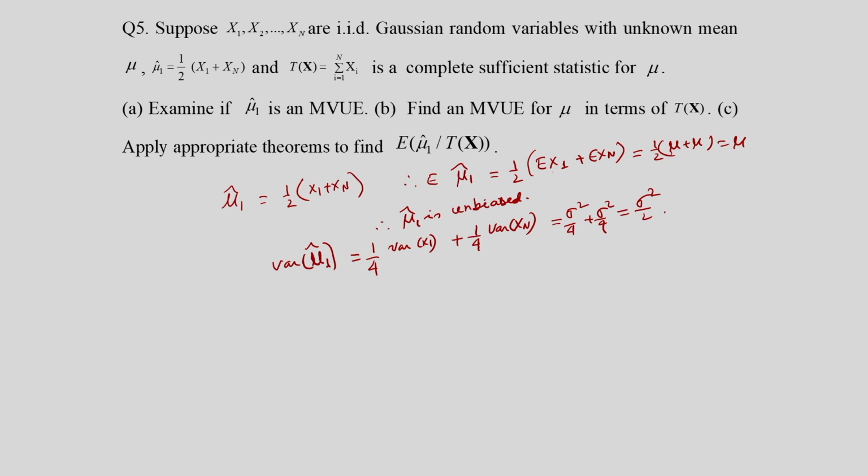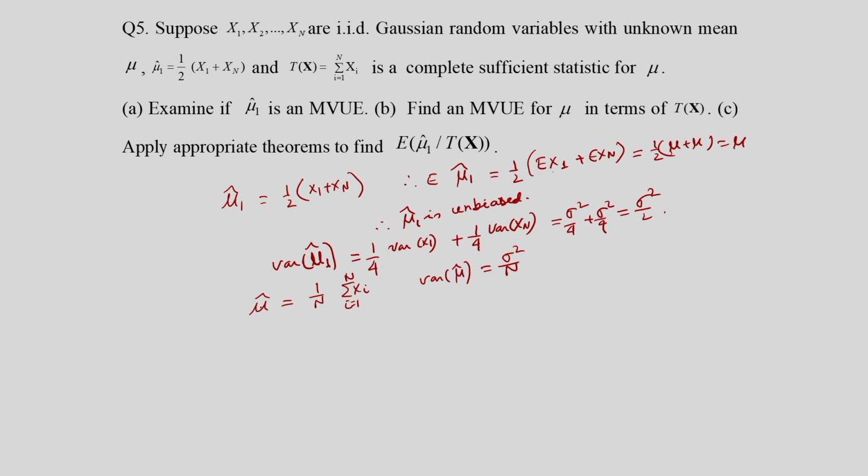Now, we know that suppose mu hat is equal to 1 by n summation xi, i equal to 1 to n. Then in this case we know that variance of mu hat is equal to sigma square by n, which is lower than sigma square by 2.